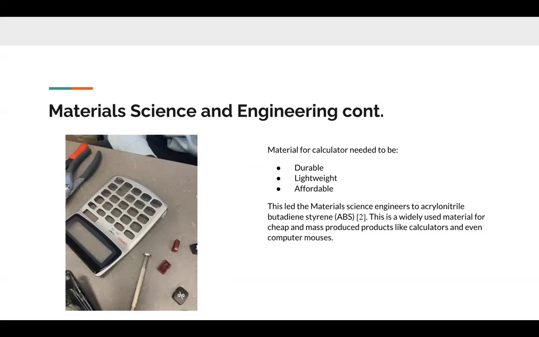They would have to consider the durability as well as the price of the material, especially if it's going to be mass produced, like this Staples calculator. While we don't know for certain what kind of plastic material was used to make it, we can assume that it was ABS, which is a widely used plastic by many different companies for cheap applications like this.